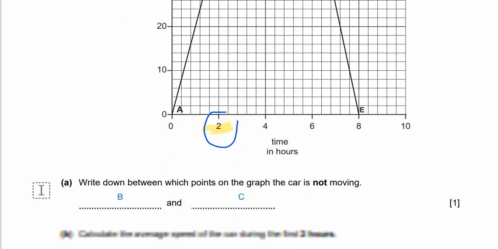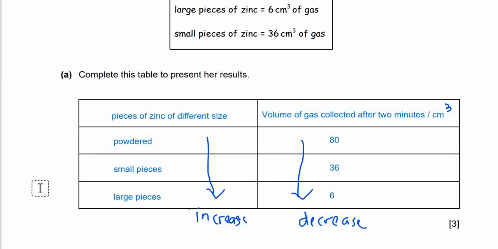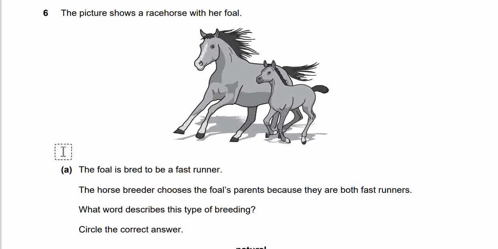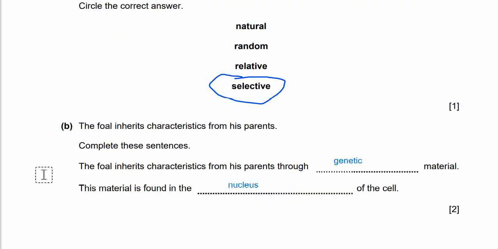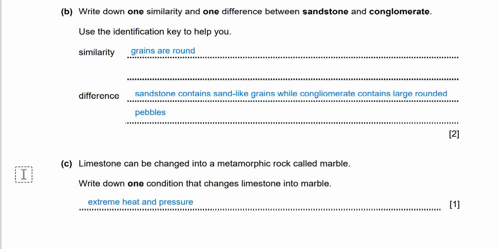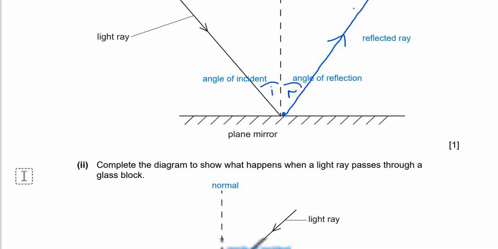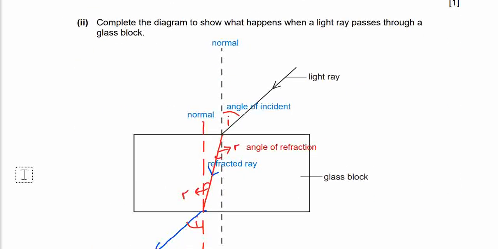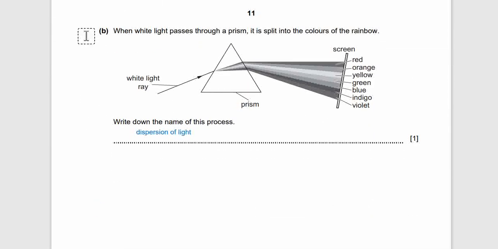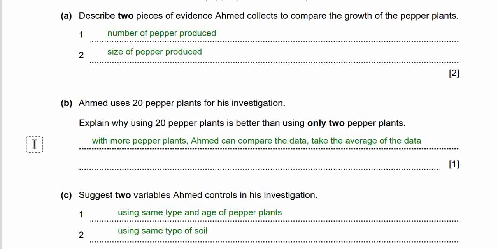Next is question 4A and B, and followed by question number 5, table A, B, and C. Next is question number 6, A and 6B, followed by question number 7, A, B, and question C, and number 8A, 8B, 8A part 1, 8A part 2, and then this is question 8B, followed by question 9, A, B, and C.